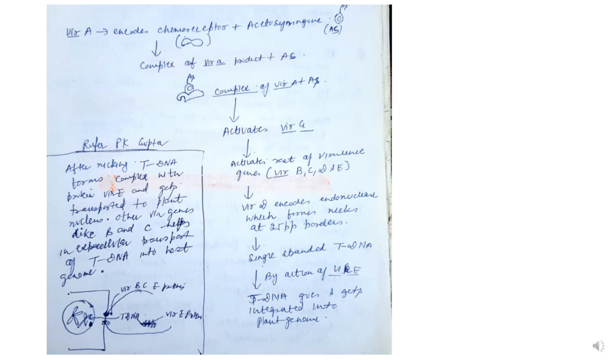That is why Agrobacterium tumefaciens is called a natural genetic engineer. And this property is exploited by scientists to transfer the genes of their own interest, which are called foreign genes.